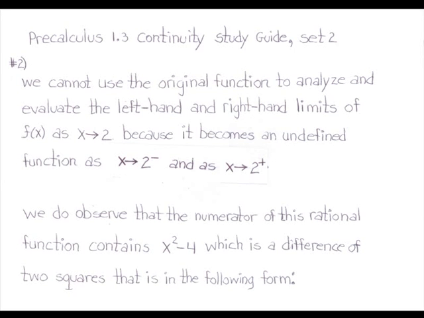We cannot use the original function to analyze and evaluate the left-hand and right-hand limits of f of x as x approaches 2 because it becomes an undefined function as x approaches 2 from the left and from the right. We do observe that the numerator of this rational function contains x squared minus 4, which is a difference of two squares.